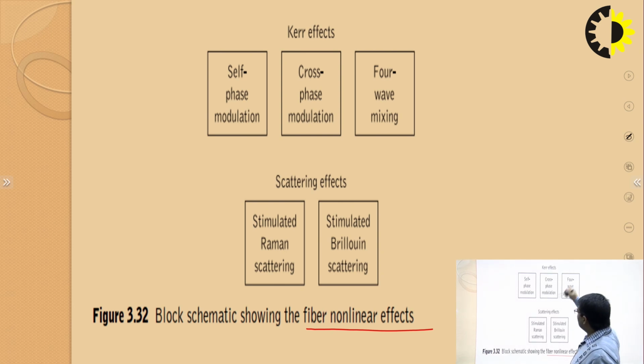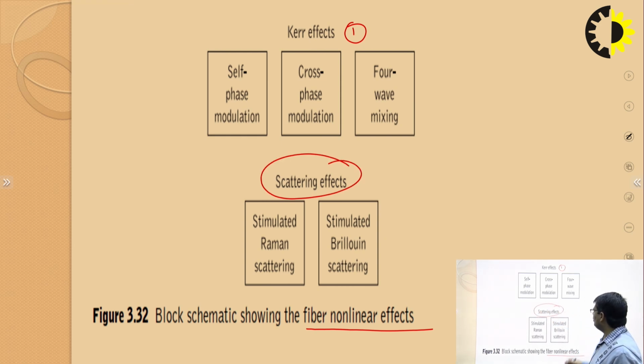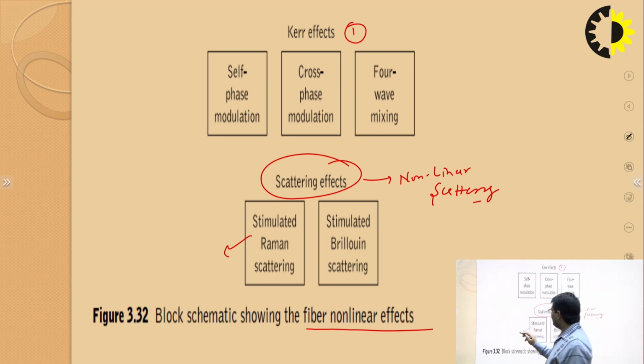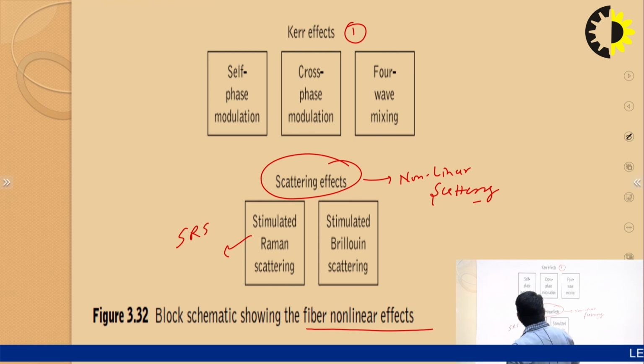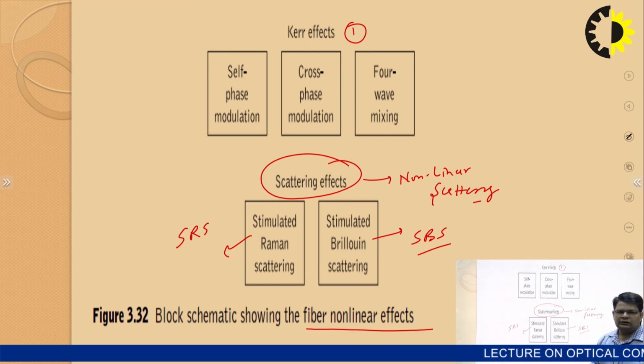Basically, these non-linear effects are divided into two categories. First is the Kerr effect. Second is the scattering effects, or we can say non-linear scattering. That is a separate topic that we discuss. The non-linear scattering can be SRS and SBS, which we have already studied.